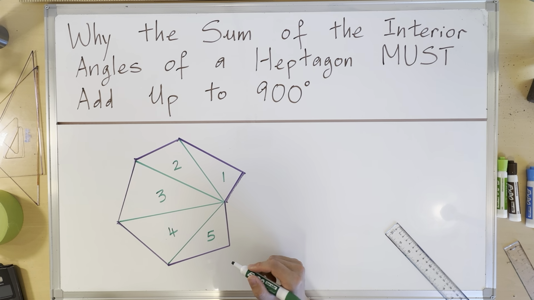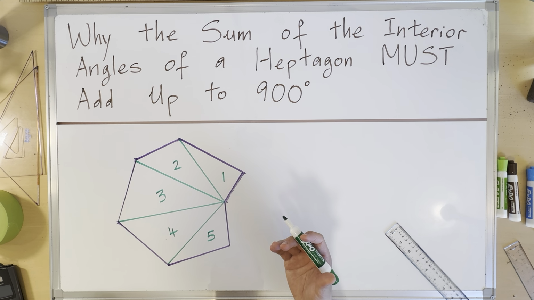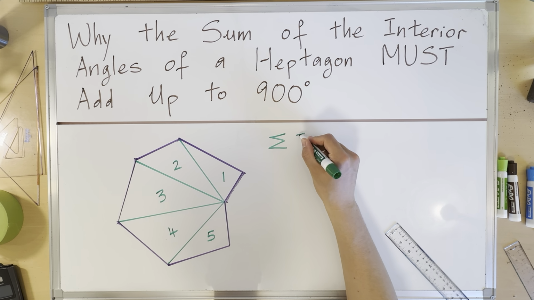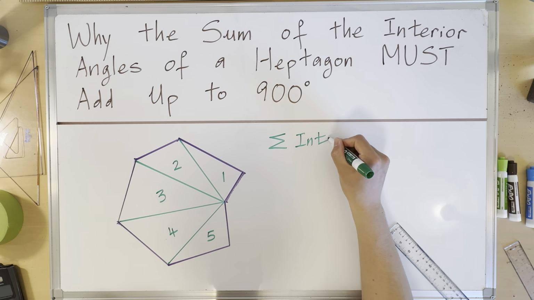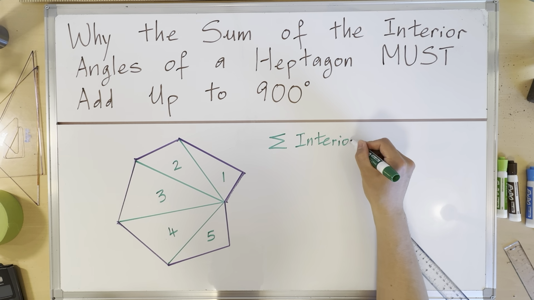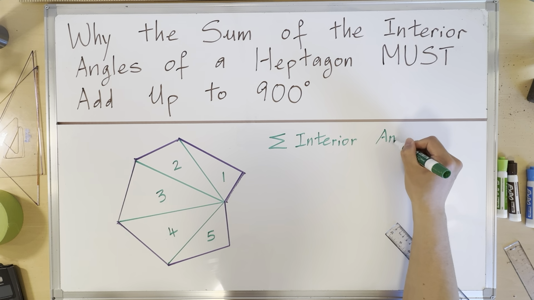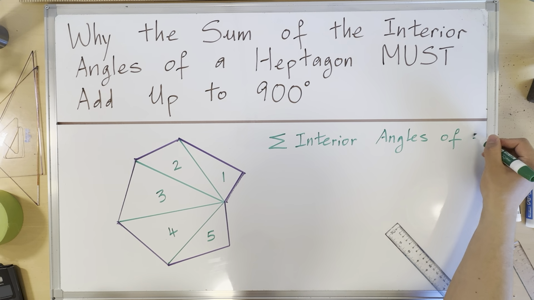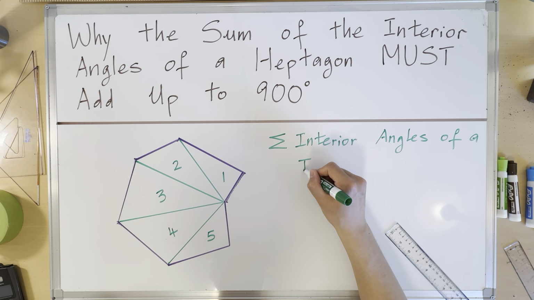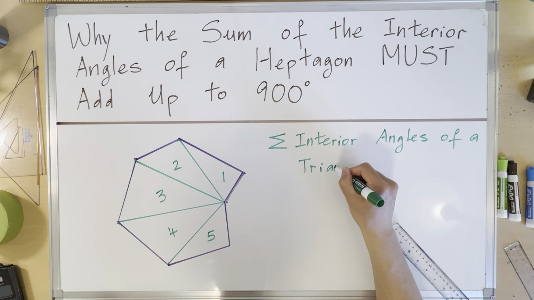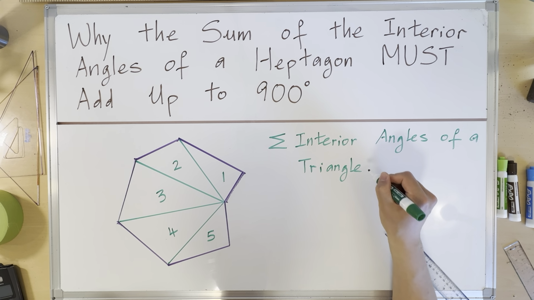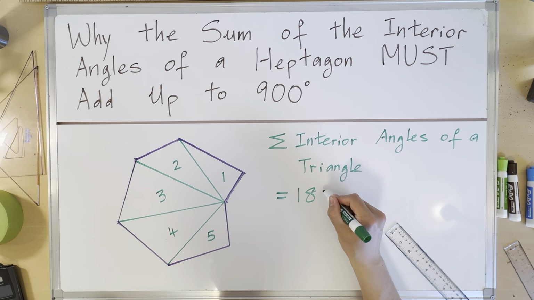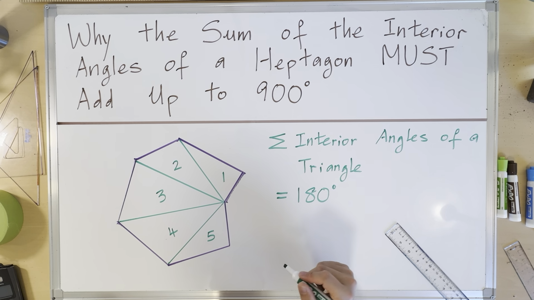Now, from previous lectures, we know that the sum of the interior angles of a triangle has to add up to 180 degrees.